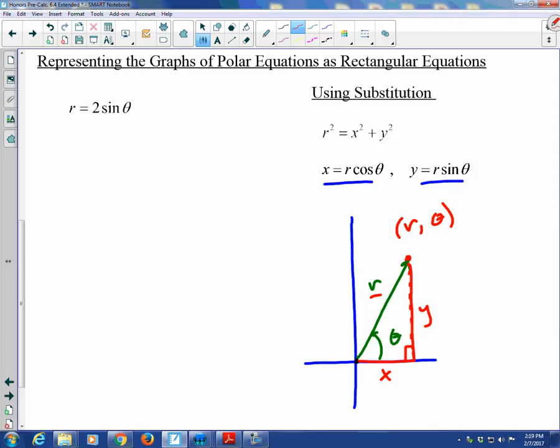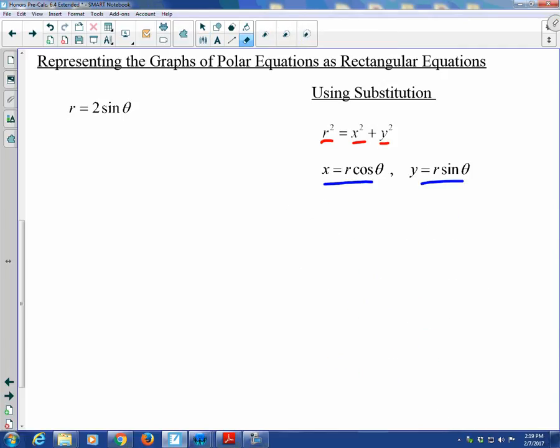And so what we can say then is that using the Pythagorean theorem, r squared equals x squared plus y squared. Right? So using these two things, we're going to be able to manipulate our polar equation a little bit and come up with some substitutions that are going to change the equation from being defined by r and theta to being defined by x and y.